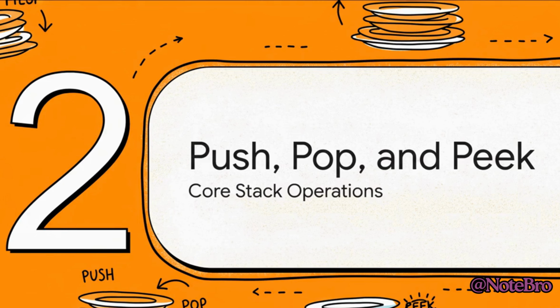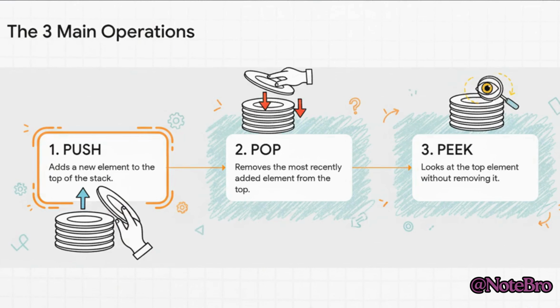That right there is LIFO in a nutshell. Okay, so if we can only ever work with the very top of the stack, how do we actually do anything with it? Well, it all comes down to three super simple actions: push, pop, and peek. First up is push. This is just the fancy word for adding a new item. In our plate analogy, you're literally just pushing a new plate onto the top of the stack.